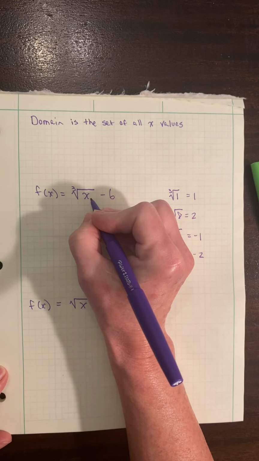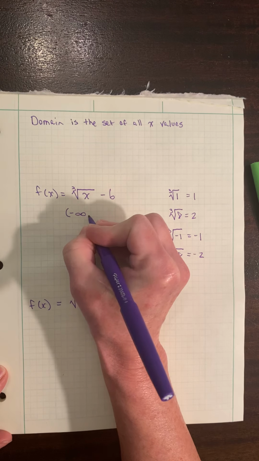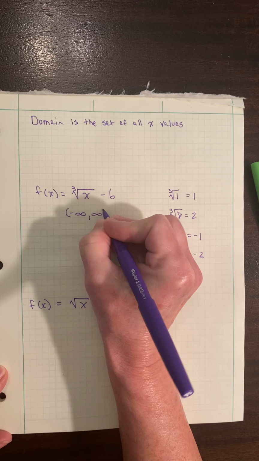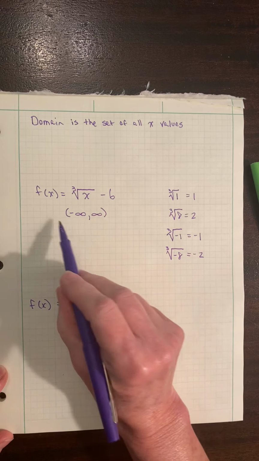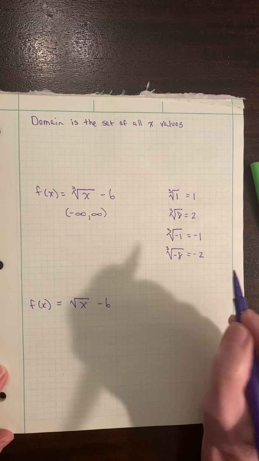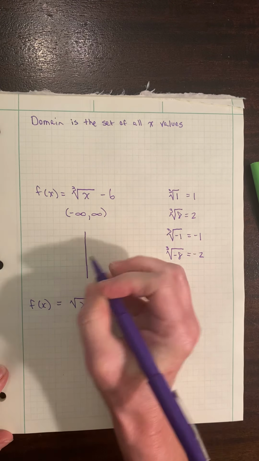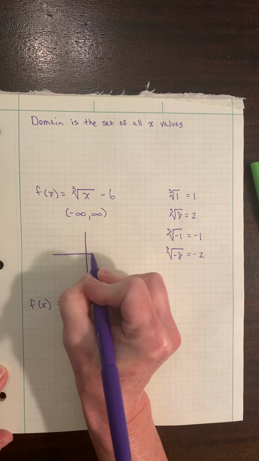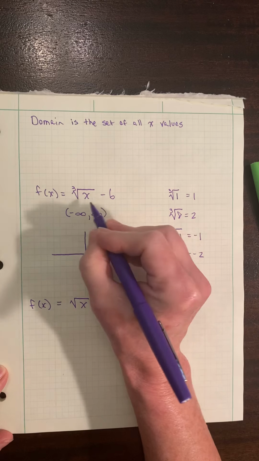So the domain for a cube is any number, whether it's positive, negative, 0, whatever. So the domain is any number possible. So when you graph cube roots, the graph will stretch across. In fact, why don't we just go ahead and look at this one right here.